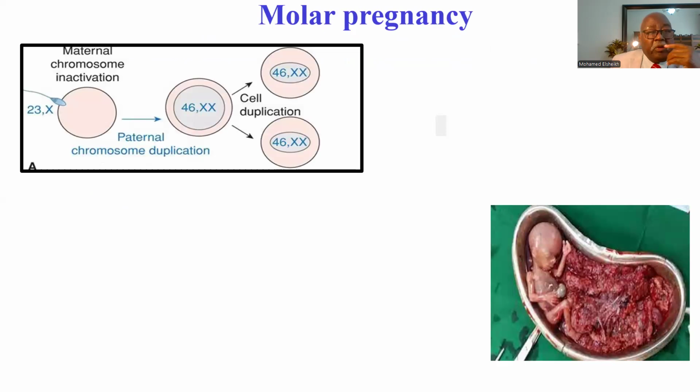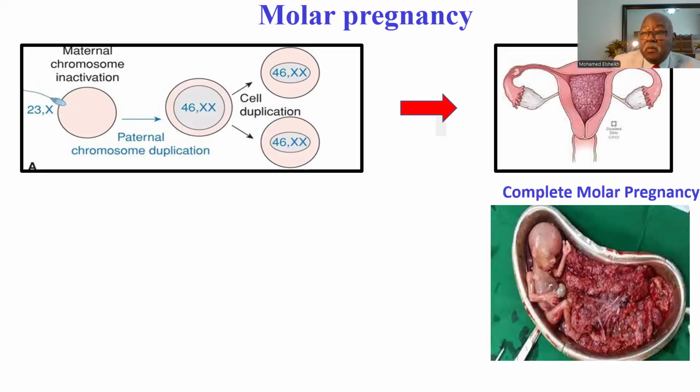So we go here, this is a complete mole, a complete molar pregnancy. And here, this is an empty ovum being fertilized. There is paternal chromosomal duplication. It gets the two X's here, making 46XX, and both X's are coming from the father.